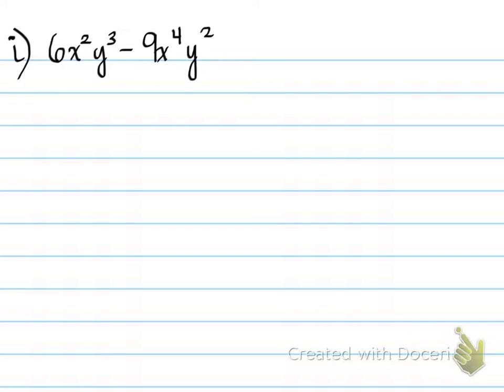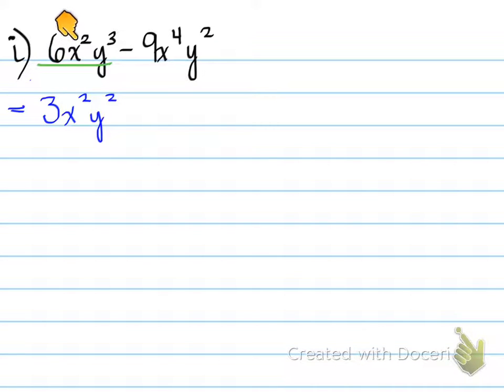All right, another example, I. Let's look for the greatest common factor here. Well, 6 and 9, the greatest common number is going to be 3, and then x squared and y squared.